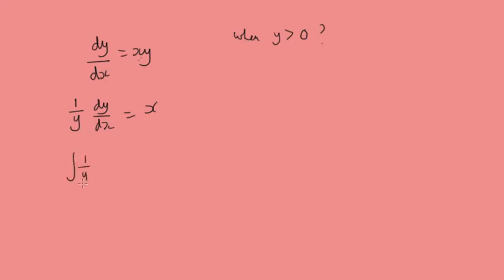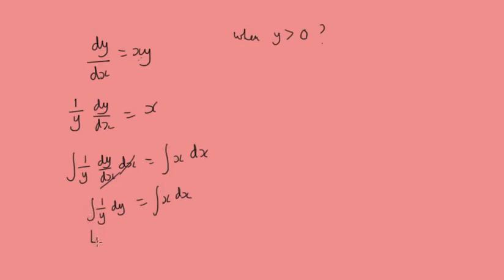So the integral of 1 over y dy by dx equals the integral of x dx. Now this is going to cancel out, so this then becomes the integral of 1 over y dy, and this is the integral of x dx. Now we can integrate both sides of these.